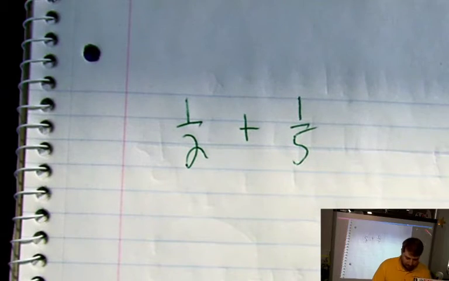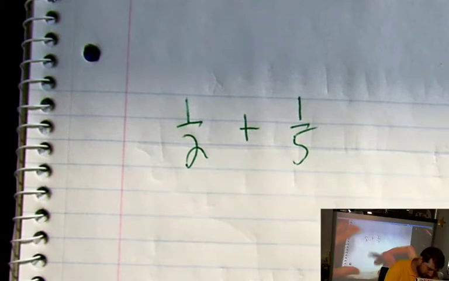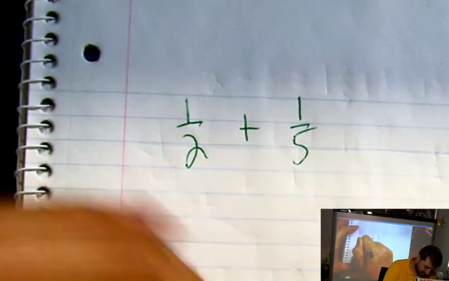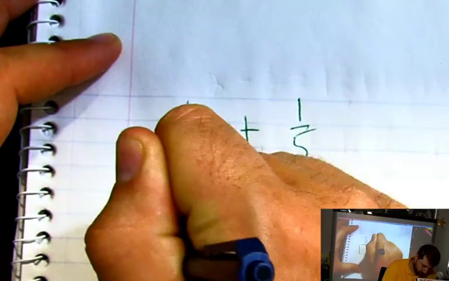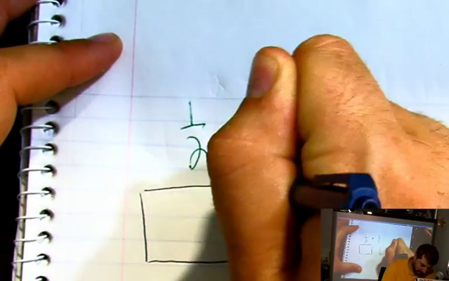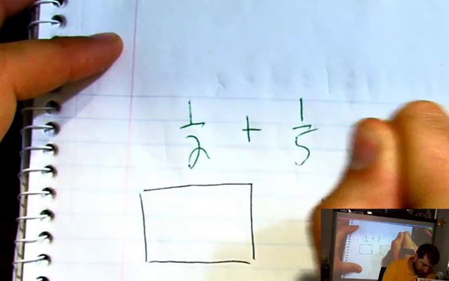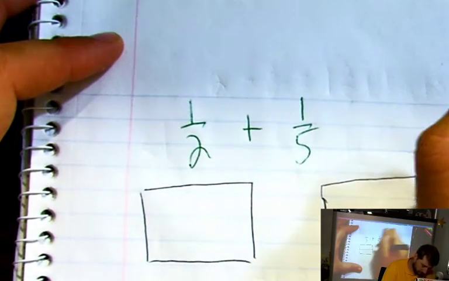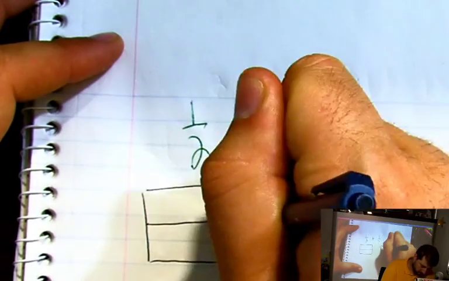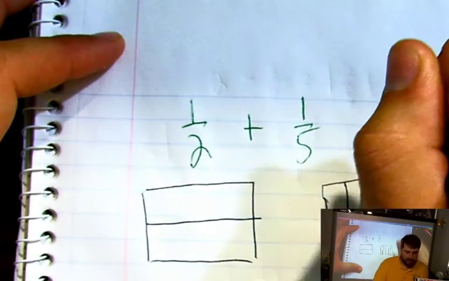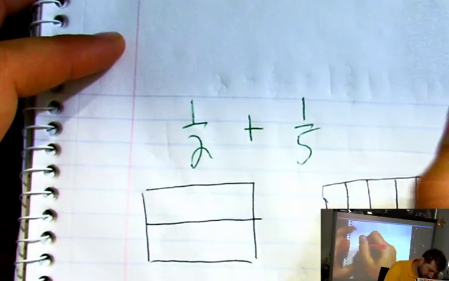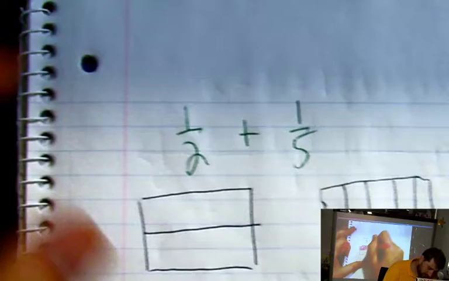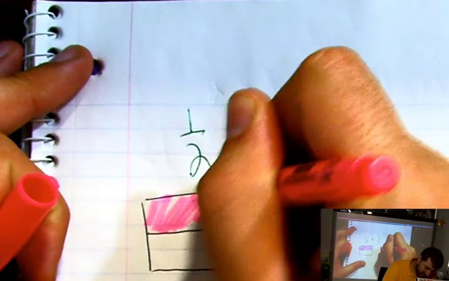Awesome. So if you're like me, you probably started with our rectangular fraction model, where we had two rectangles, one to represent 1/2 and one to represent 1/5. Now I know in my 1/2 I needed to shade in 1/2. Now my 1/5 I needed to shade in 1/5.